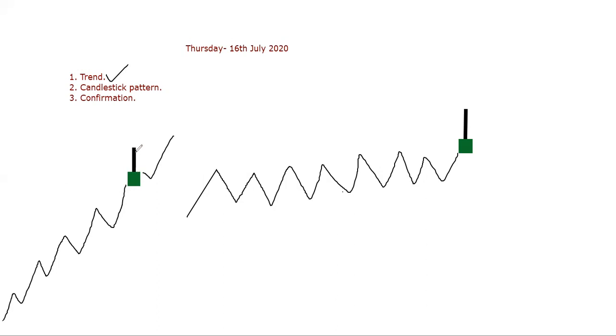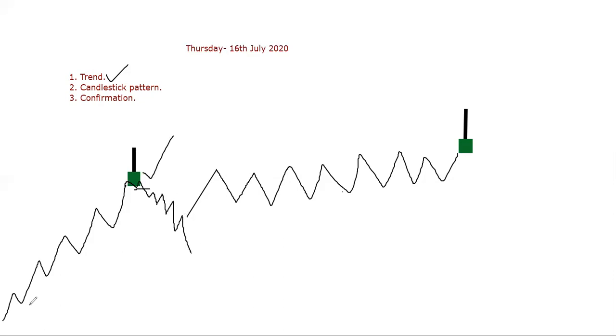This wick shows rejection of price at the upper area. And what is confirmation? When price starts to trade below the low of this shooting star, we can say we have got the confirmation that the price will not continue to move up, and the chances are very high that it will fall down.